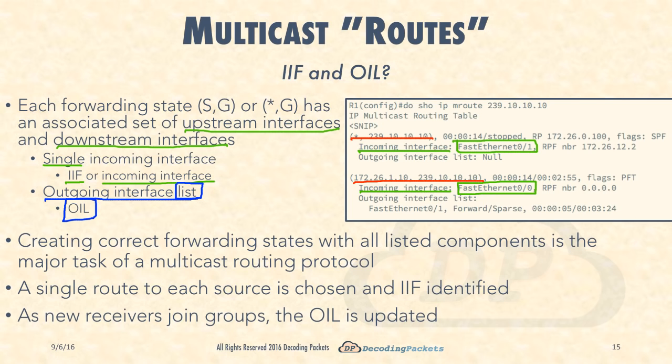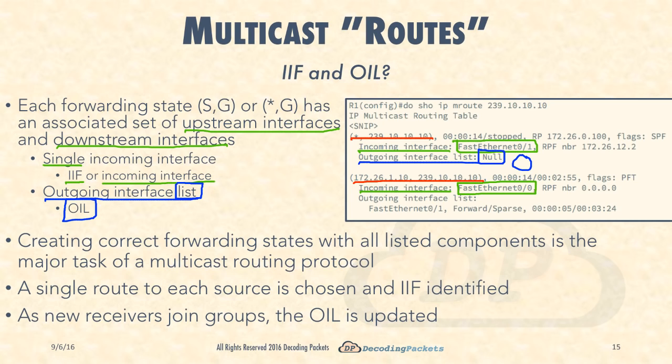Now, just because it's a list doesn't mean that there are always multiple receivers. For example, if you look on the right-hand side again, it can actually have zero interfaces. So this is a list of zero interfaces. And that's completely legitimate. This was taken from a production router.